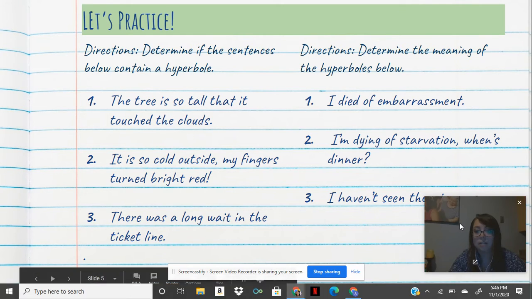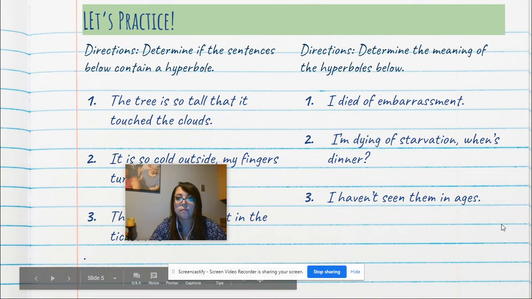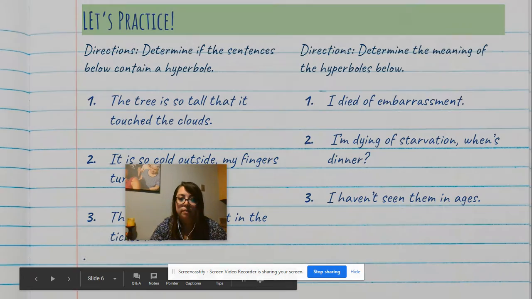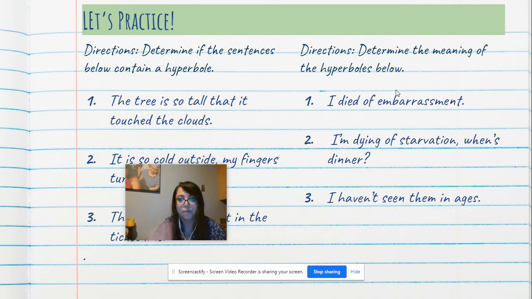So then on the other side, oh, go back. It says determine the meaning of the hyperboles below. So these are all hyperboles. They all contain exaggerations, but this time we're looking for what does it mean. So number 1 says, I died of embarrassment.